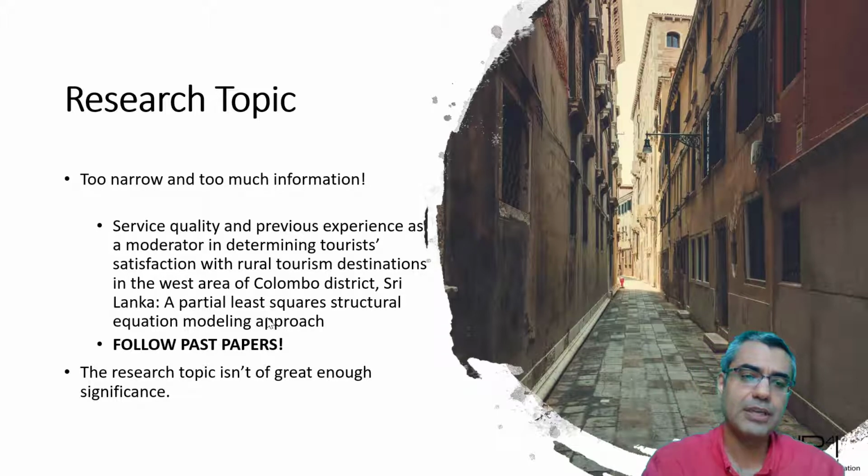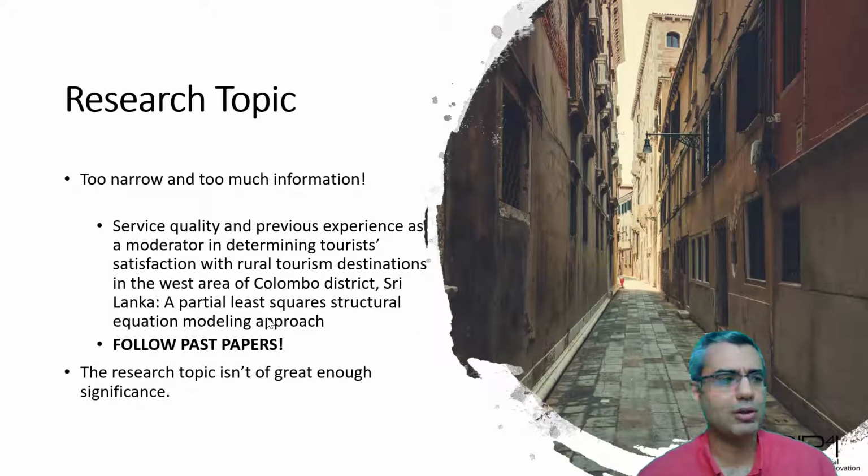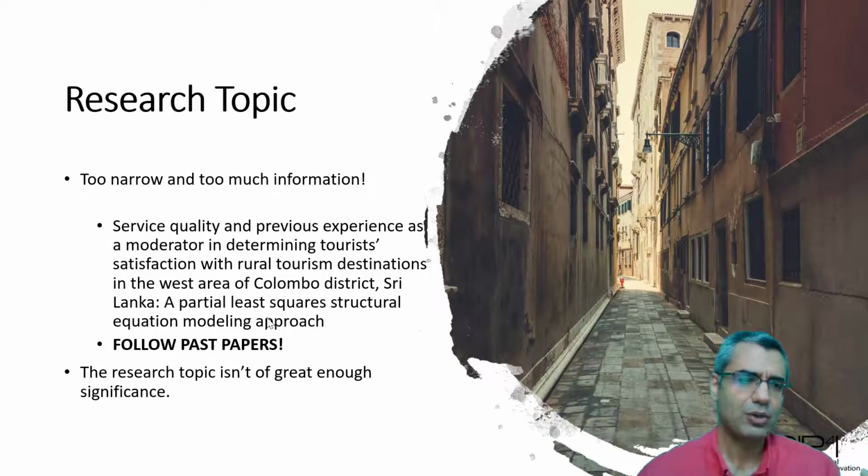And the issue is, sometimes the research topic isn't of great enough significance. It means there are already many papers on corporate governance and firm performance, capital structure of publicly listed companies in any country, or let's say service quality and customer satisfaction.